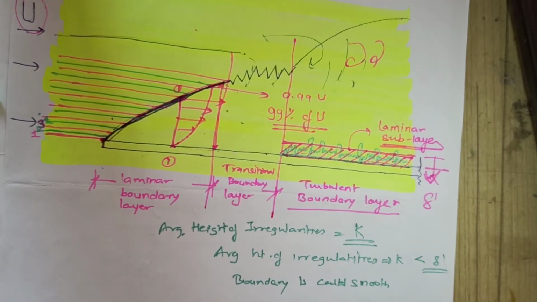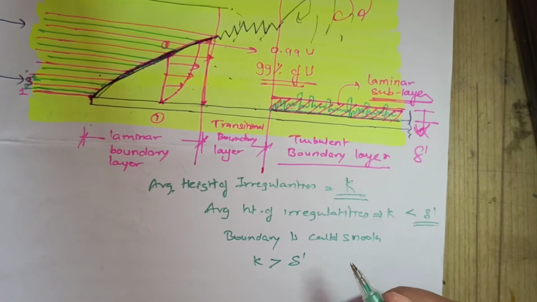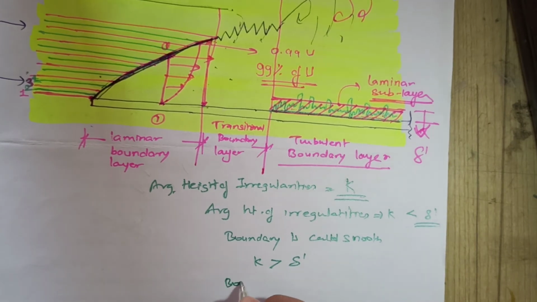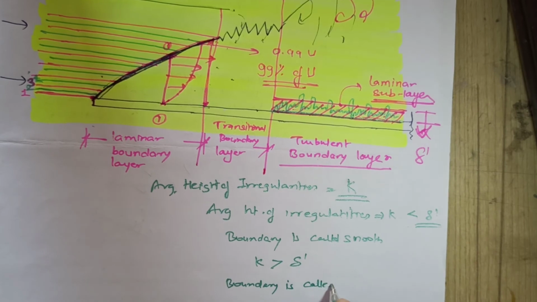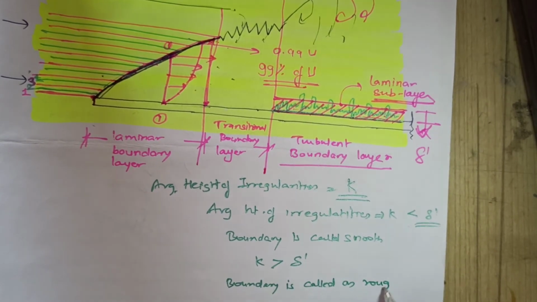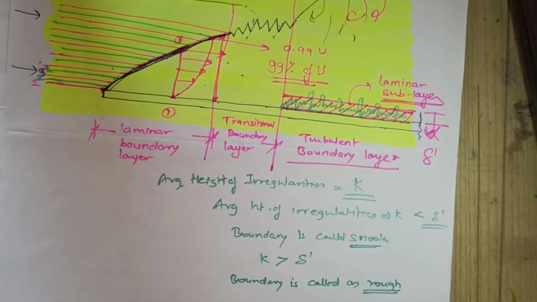Okay, and if your K is greater than the delta dash, that is the average height of irregularities is greater than your laminar sublayer height, then this boundary is called rough boundary. Okay, so that is the classification of the boundaries as per the average height of the irregularities.